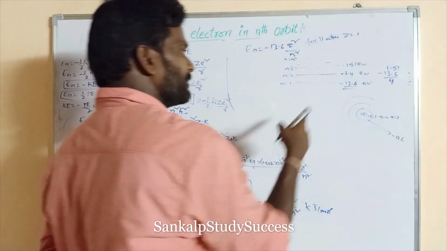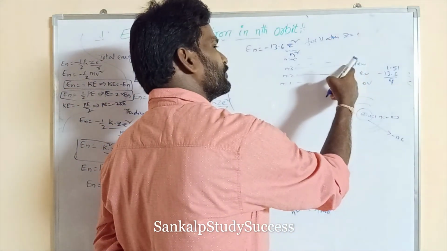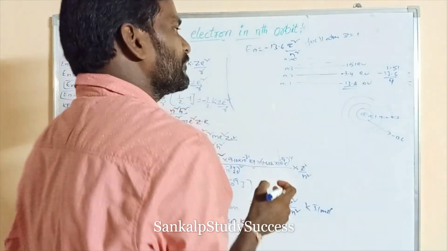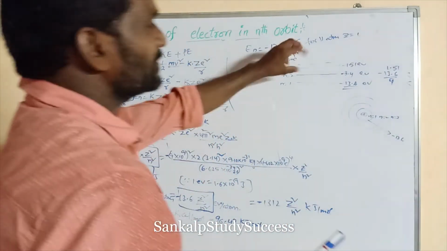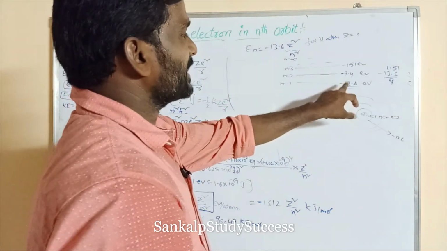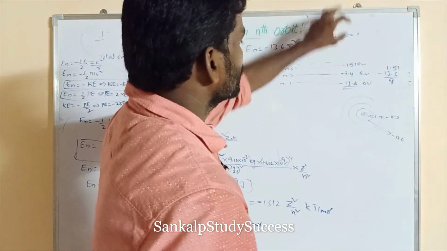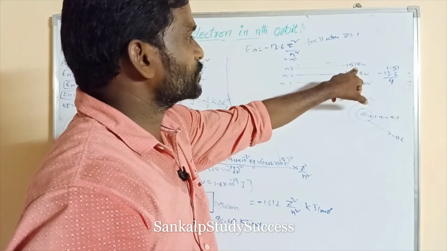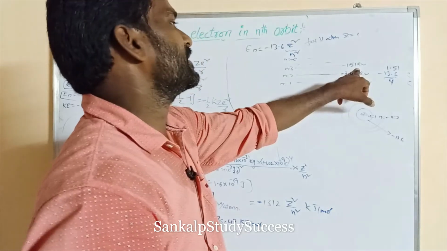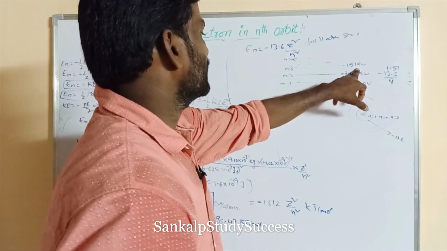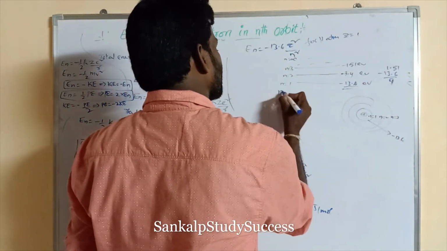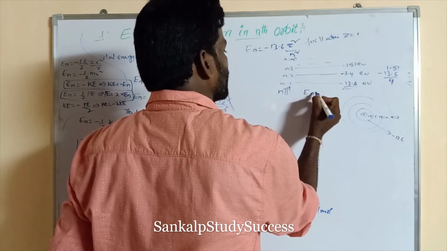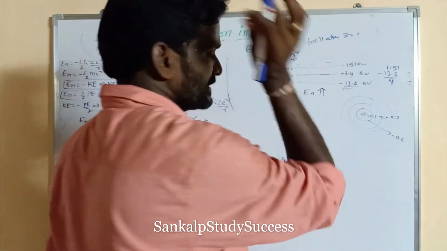Among minus 13.6 and minus 1.51, which is more? Minus 1.51 is more. If the minus value is higher, that is the lower value. So if the n value increases, the total energy of the electron in the orbit also increases.